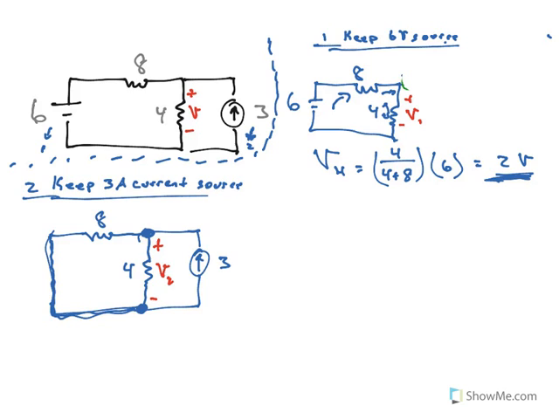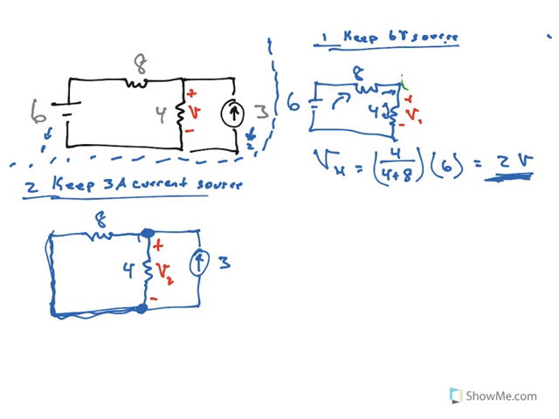So I can find the current running through these resistors if I want. In fact, because what I want is the voltage on the 4 ohm resistor, if I know the current on the 4 ohm resistor, I can multiply current times resistance to get voltage. So that's what I'm going to do.